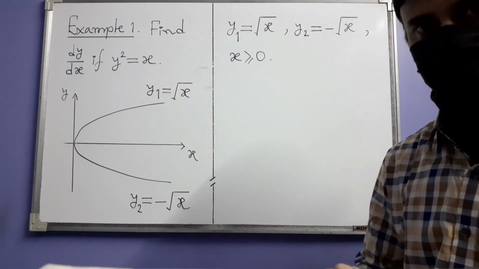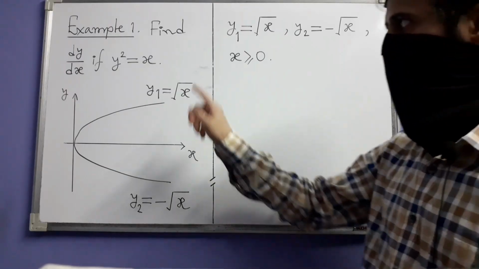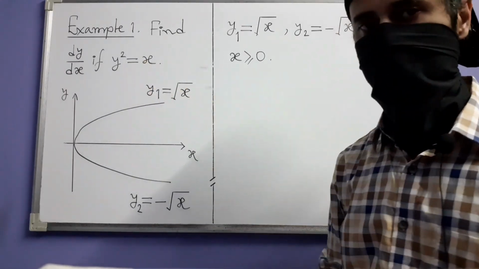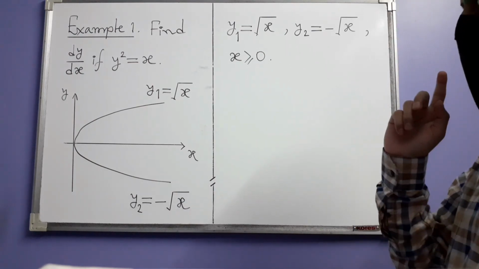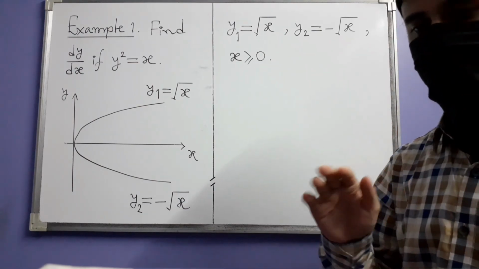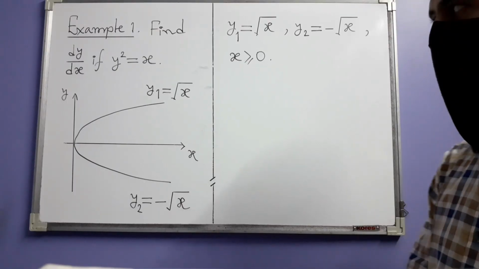Explicit differentiation, our ordinary differentiation. And then we will also do implicit differentiation on this equation itself. So that way also we will get dy/dx, and from explicit differentiation also we are going to get a derivative, and then we will match them and see if we are really getting the same thing.